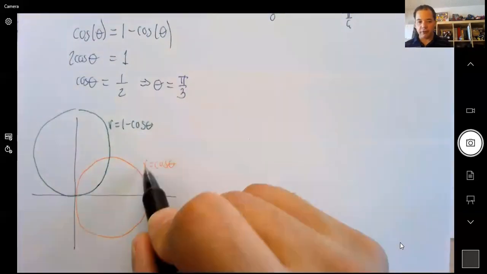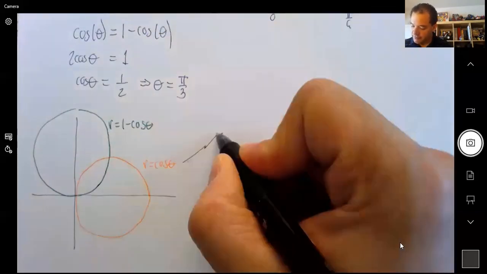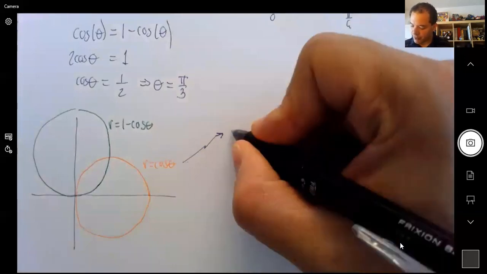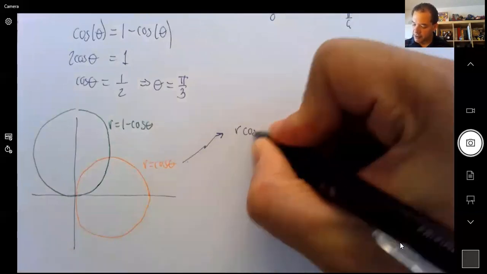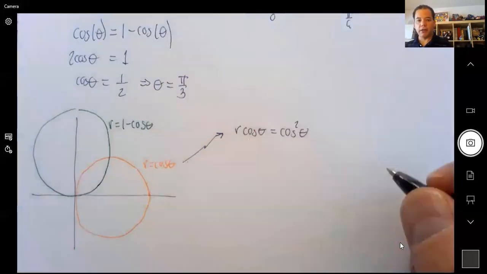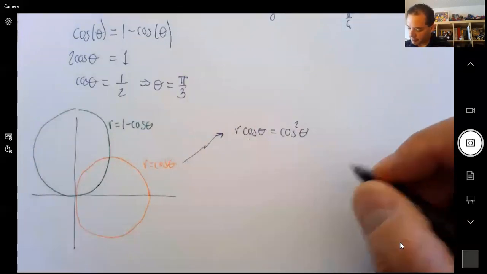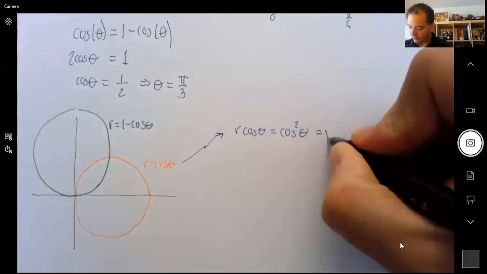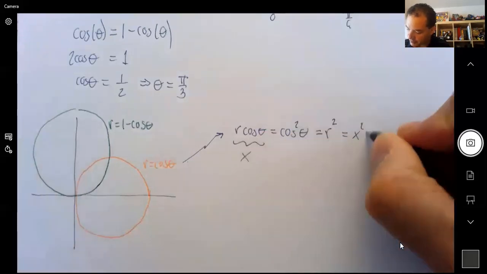If we have R equals cosine, right? So for this one, R equals cosine. If I multiply by cosine both sides, I would get R cosine theta equals cosine squared, right? But R cosine theta is x, and R squared is x squared plus y squared.